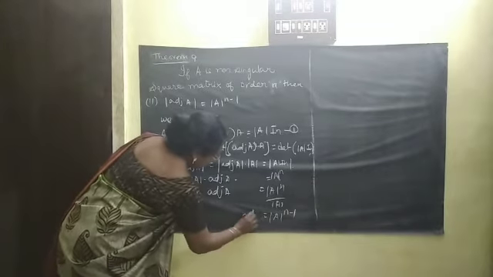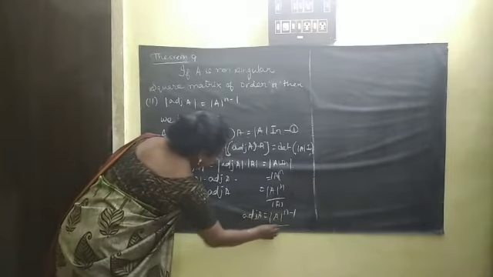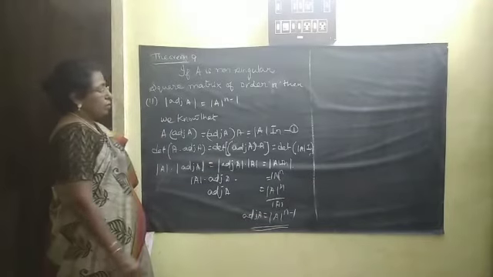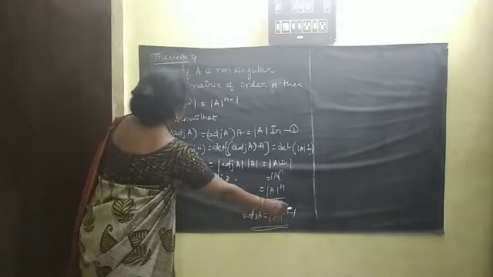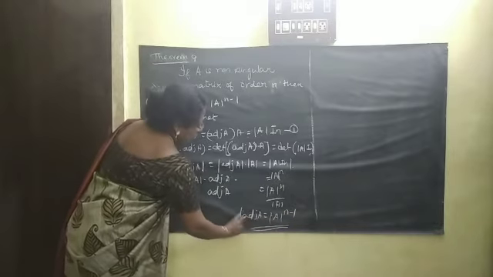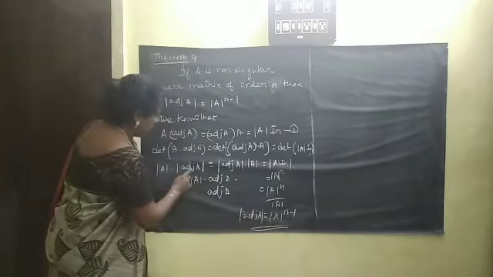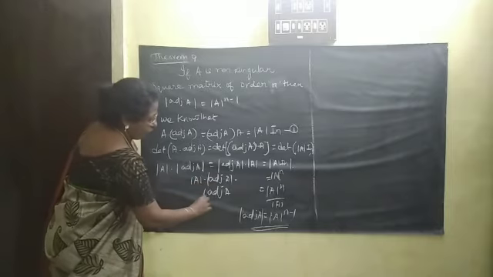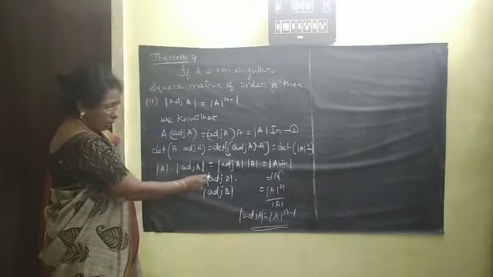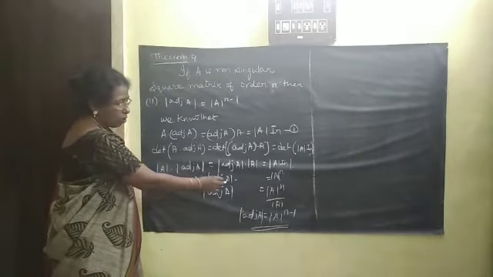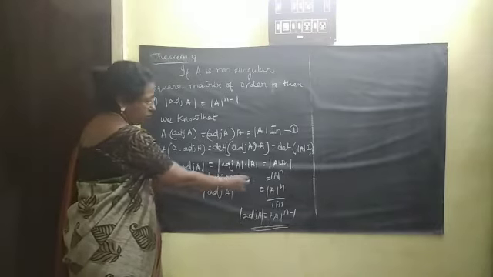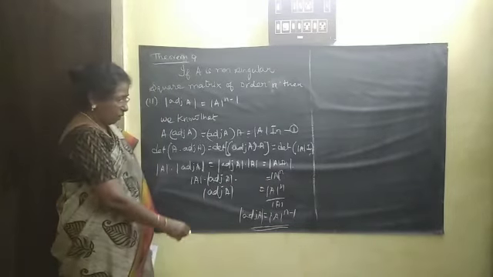So determinant of adjugate of A is equal to determinant A the whole power n minus 1. See, throughout we have adjugate of A. Determinant A into determinant adjugate of A is equal to determinant A power n.